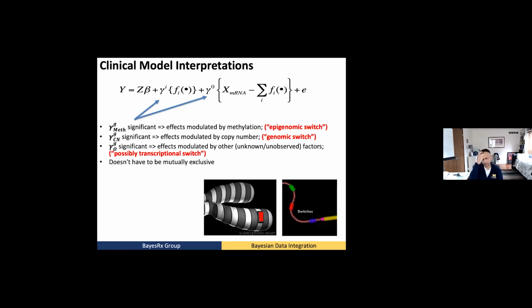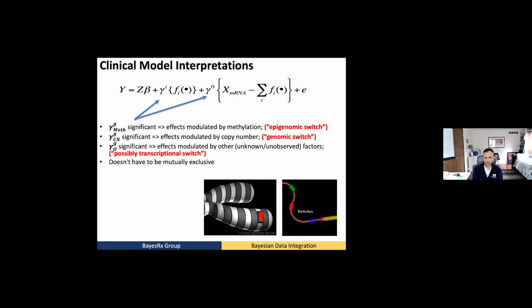But I want to briefly comment on the interpretation of this model, because that was the genesis of this work. The way we think about these regression coefficients, it's not the actual DNA or the mRNA or the methylation we are bringing in. So the easiest conceptualization is thinking about genomic switches.